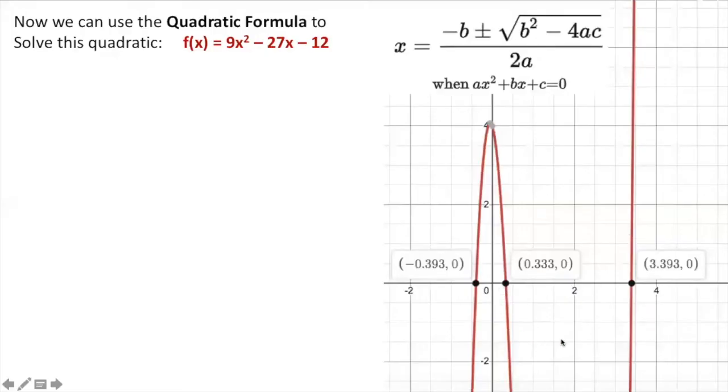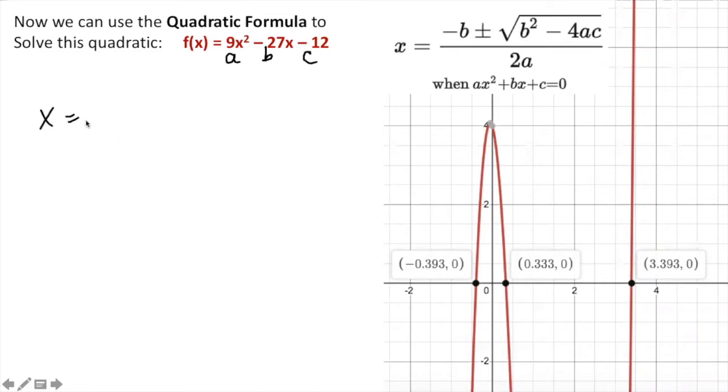All right, so now we're going to work out the quadratic formula so we can find the remaining two zeros. Okay, that's what it will do for us. So I'm going to take this, and my 9 is my A value. Negative 27 is my B, and negative 12 is my C. So I'm going to plug it in.